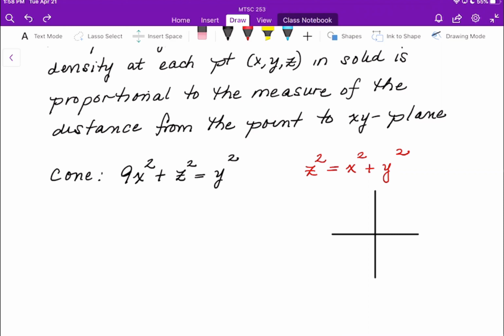And when we went to the xy plane, we said, well, z is 0, so it was just a point. Then when we looked at any other value of z, we looked in the zx plane.